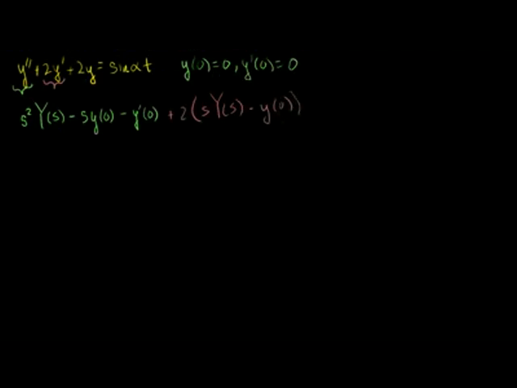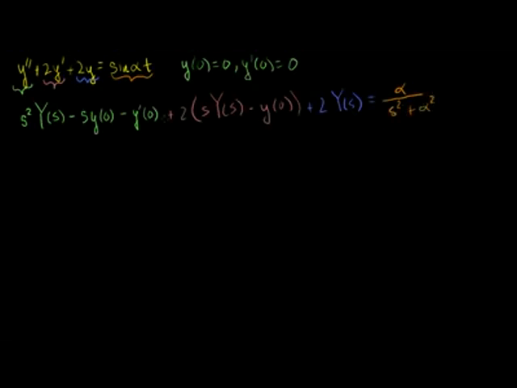The Laplace transform of 2y is just equal to plus 2 times the Laplace transform of y, and then that's going to be equal to the Laplace transform of sine of alpha t. We've done that multiple times so far. That's just alpha over s squared plus alpha squared.